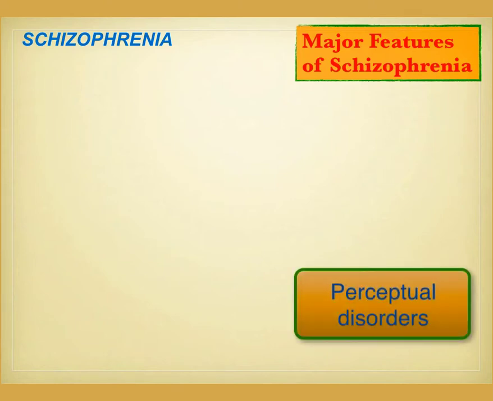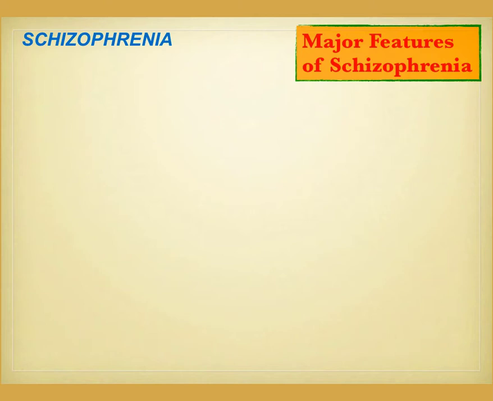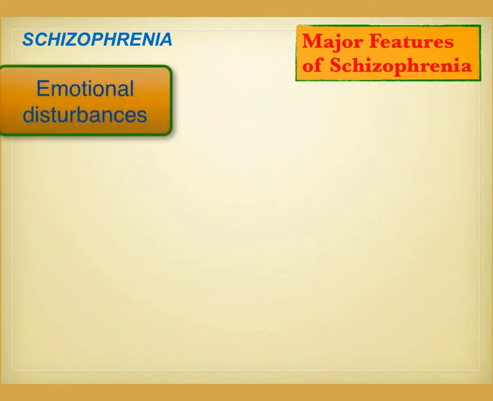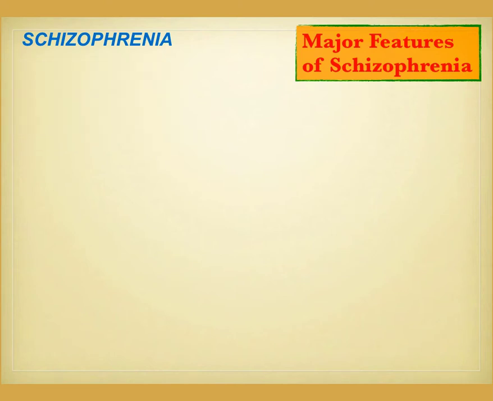These could be either visual or auditory, and as we'll describe later, even more complex than that. And emotional disturbances, which are a flattening or inappropriate affect, and we'll get into this in the next slide. There's also dysfunction in the brain processes that regulate attention to the external world. Now, starting with disturbances of content of thought, the most common of these are delusions.